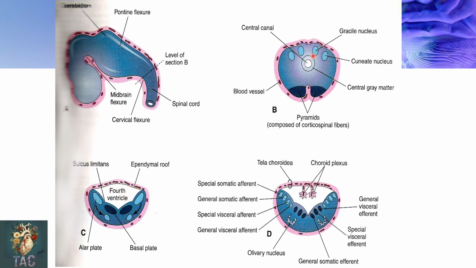Also you can see in the area of the alar plates, the neurons migrate from the alar plates to the marginal zone, and here they form the gracile nucleus and the cuneate nucleus. In the anterior part you can see the pyramids forming, which are composed of corticospinal fibers. Here in this diagram, this is the basal plate which is forming different nuclei, and this is the alar plate.